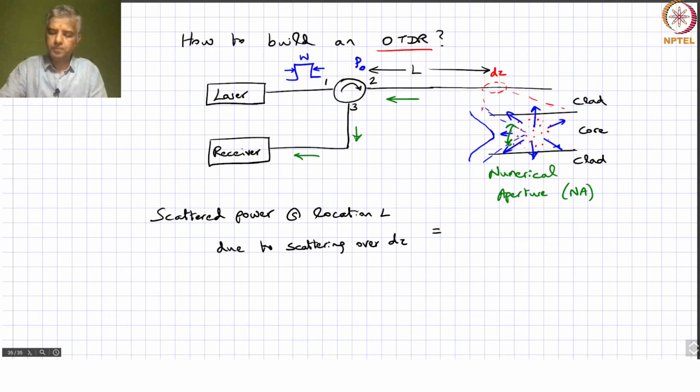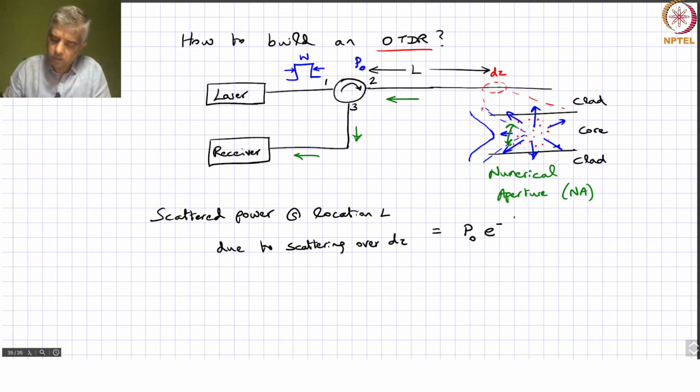Let's say that's the launch power into the fiber, so it's going to depend on that P naught. And then of course it's going to go through attenuation in the fiber. That attenuation is characterized by the attenuation coefficient that we call alpha. So it goes down as Beer's law.